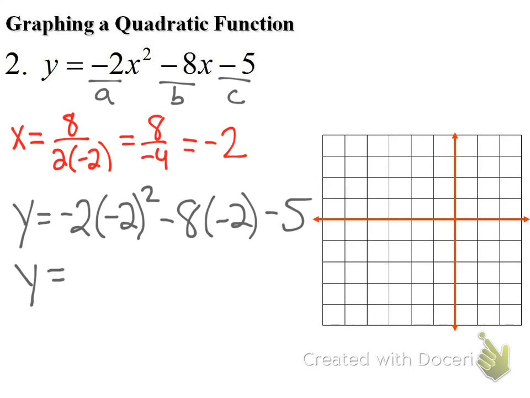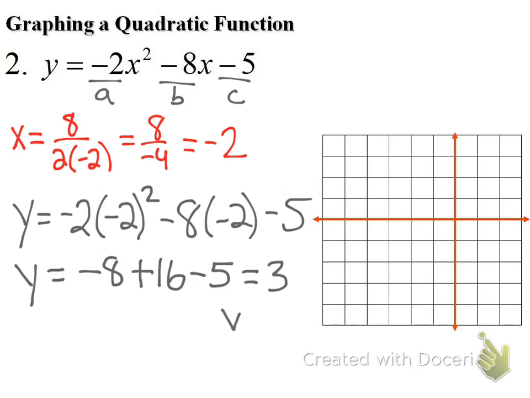Alright, if you have a calculator, you could just type that all in. I know that negative 2 squared is going to be positive 4. Positive 4 times negative 2 is negative 8. It's going to give me plus 16 minus 5. Which should give me positive 3.